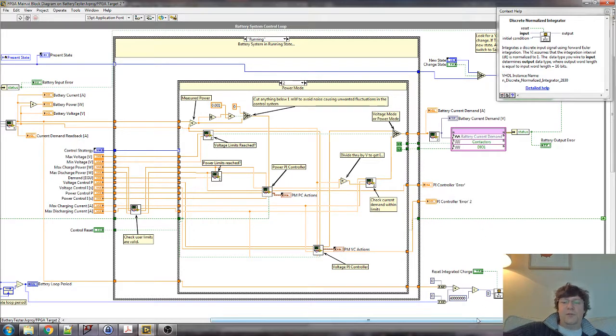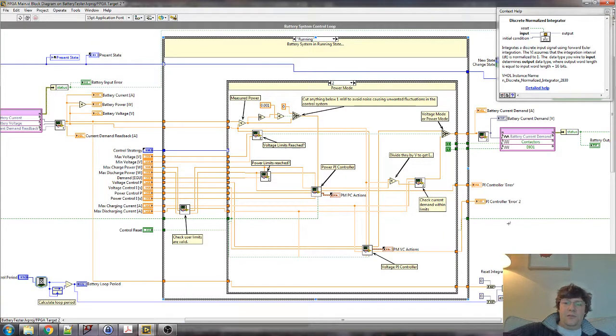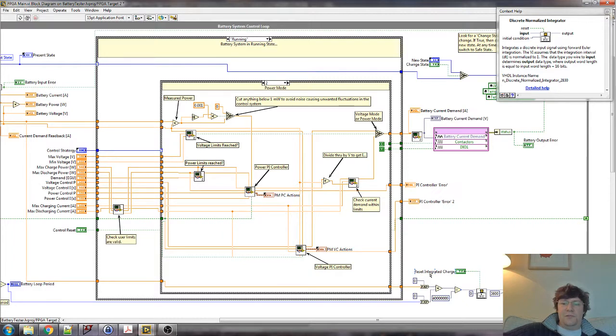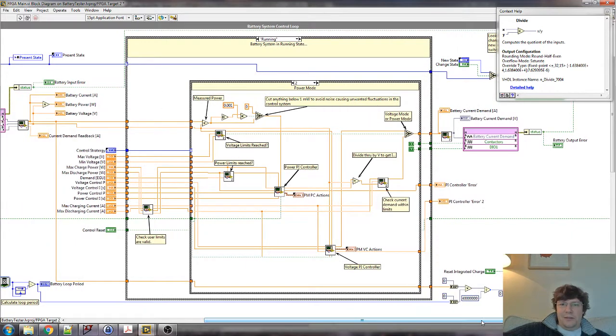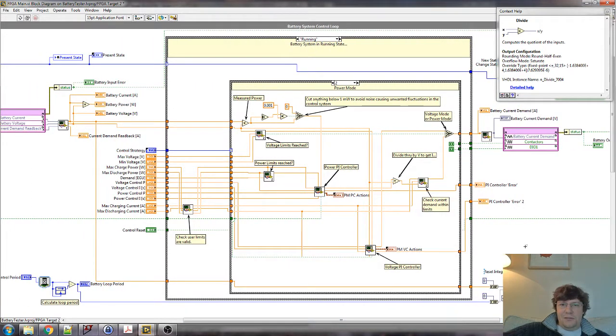But if we were trying to do a rack of cells where we had current and voltage for 60 channels or something, we'd have to look pretty carefully about how this was done, because it would use way too much IC resources. But for this sort of thing, it doesn't really matter that I've been a bit wasteful. Righty, so that's the sort of thing that I did in battery testing.